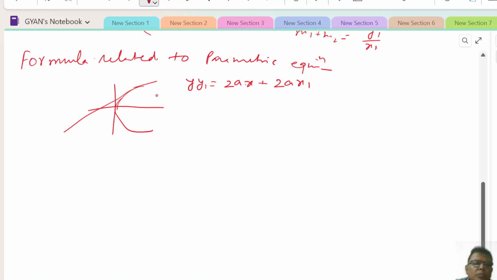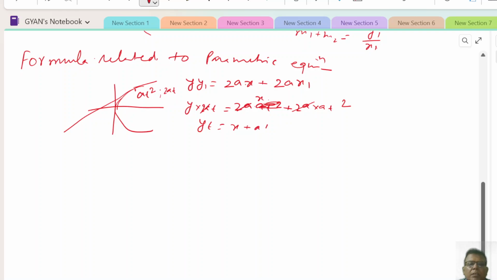Now suppose this point is at square comma 2at. So y1 is equal to 2at, and here 2a x plus 2a into at square. 2a gets cancelled, and yt is equal to x plus at square.